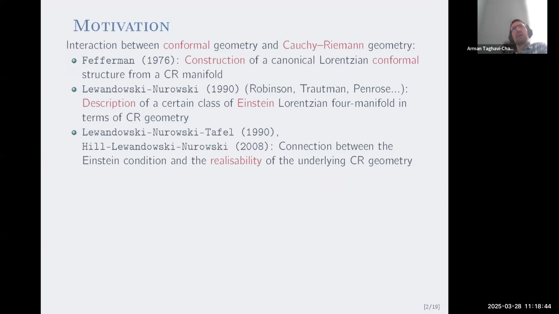Starting from the golden age of general relativity, we had mathematical physicists such as Robinson, Trautman, Penrose, Kerr, Newman, just to name a few. They were investigating exact solutions to the Einstein field equations in dimension 4, and the complex numbers unexpectedly arose.